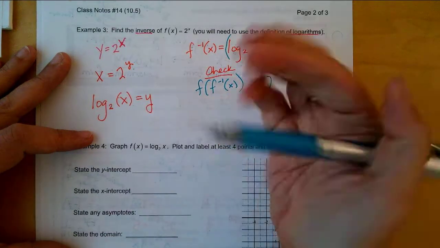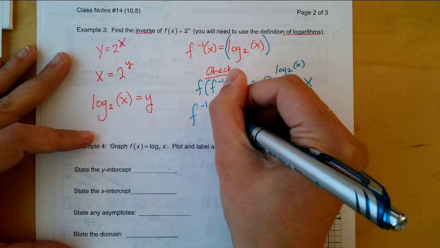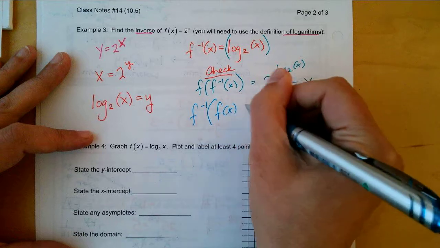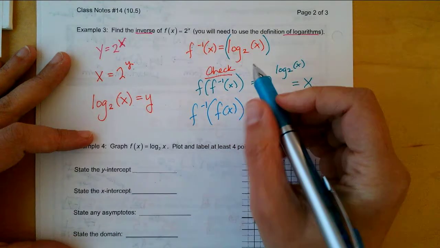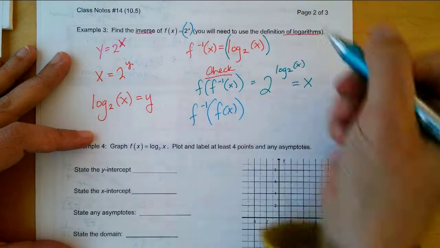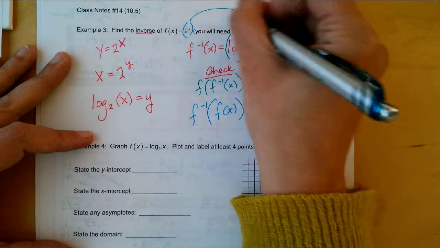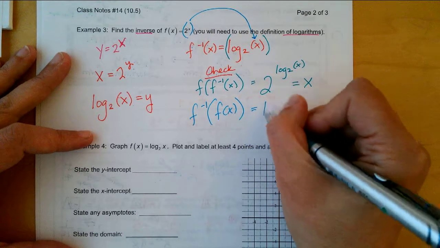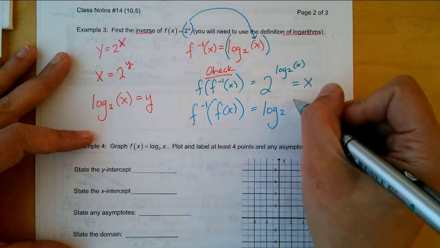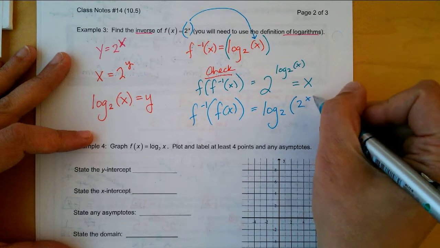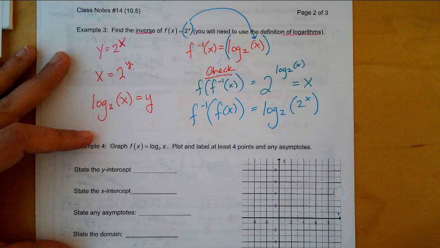If I did it the other way, if I take the inverse of f of x and I plug in f of x here, I'm going to have log base 2 of 2 to the x. I think this one is a little bit more obvious, right?